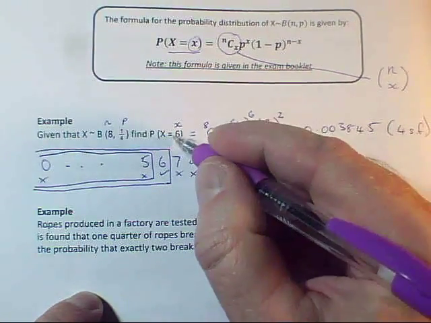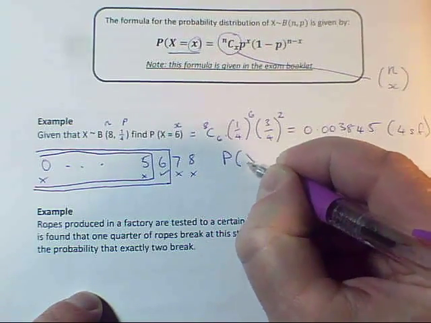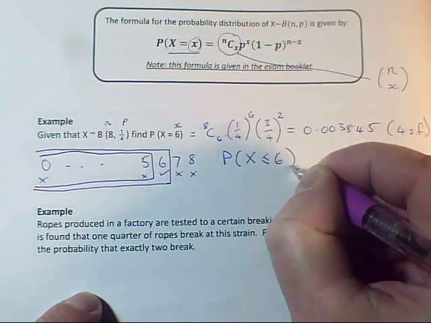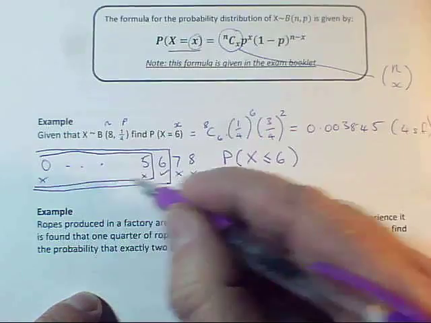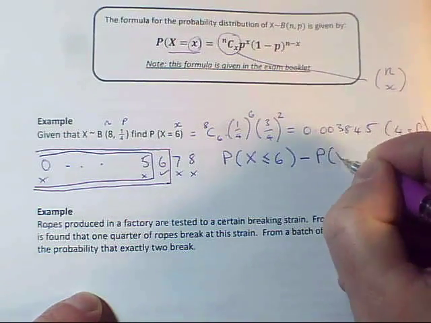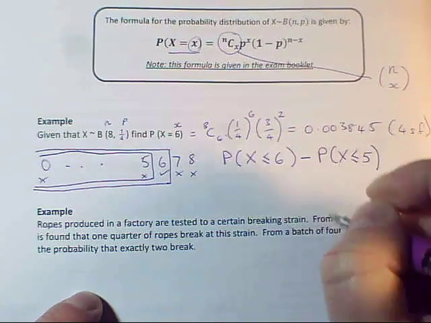And that shows me that to get the probability of X equaling 6, I can do the probability of X being anything up to 6, so that's the probability of all of these values. I need to take away the probability of X being anything up to and including 5. So I can write that for my method.